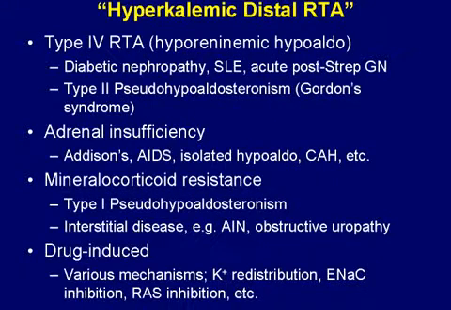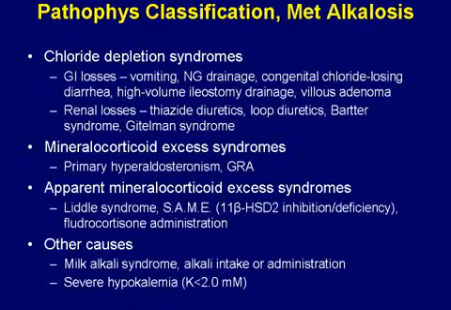Hyperkalemic distal RTA, we tend to think of that as mostly type 4 RTA. But remember that that occurs also with adrenal insufficiency, with mineralocorticoid resistance, and with drug-induced causes such as amiloride, triamterene, pentamidine, and so forth.